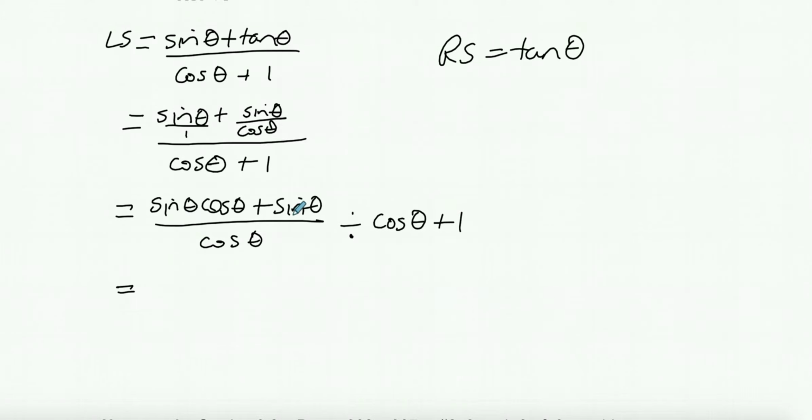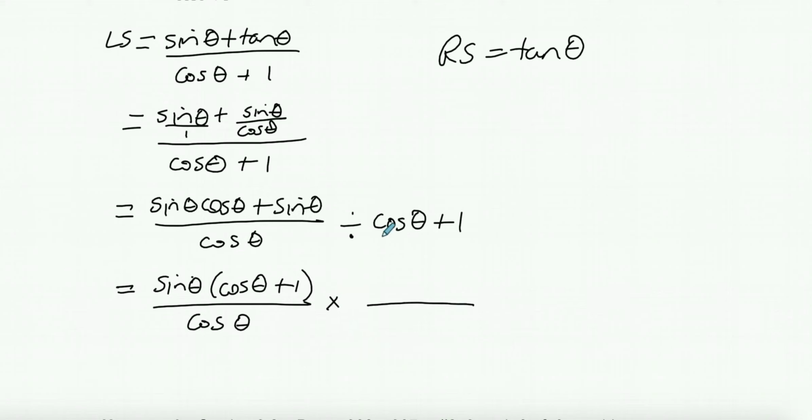Now this is the first time we might see some factoring. I see what is common to both terms is sine theta. I can factor out sine theta and I would be left with cos theta plus 1. I can also invert and multiply. If this is over 1, now I can invert and have cos theta plus 1 in my denominator.